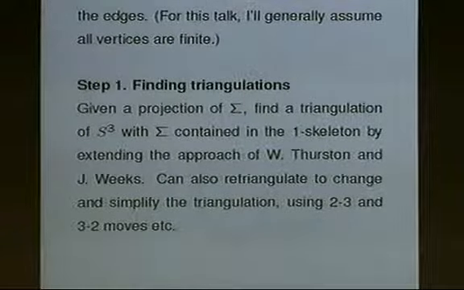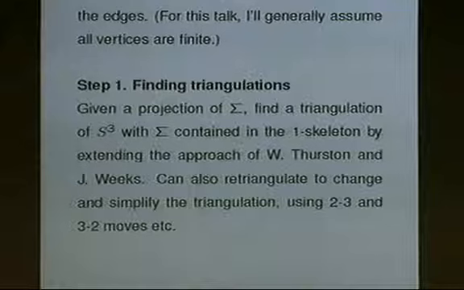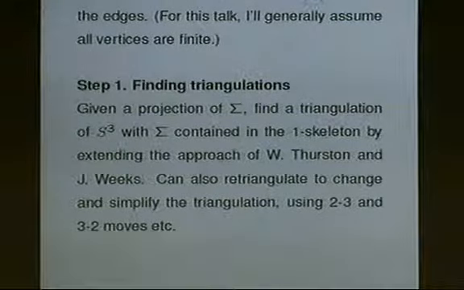And this is very similar to what I showed you yesterday for the figure 8 knot complement. You can start by finding a spanning 2-complex, look at the complementary regions, and then subdivide it into tetrahedra. So by extending the approach of Thurston and Jeff Weeks in SnapPy, you can find such a triangulation.